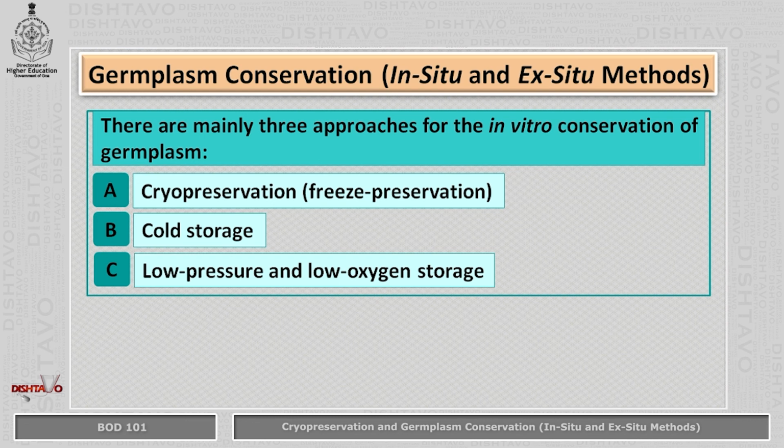Low pressure, low oxygen storage. In low pressure storage, the atmospheric pressure surrounding the plant material is reduced. This results in a partial decrease of the pressure, which reduces the in vitro growth of plants. In the low oxygen storage, the oxygen concentration is reduced, but the atmospheric pressure is maintained by the addition of inert gases. The low oxygen reduces plant tissue growth.